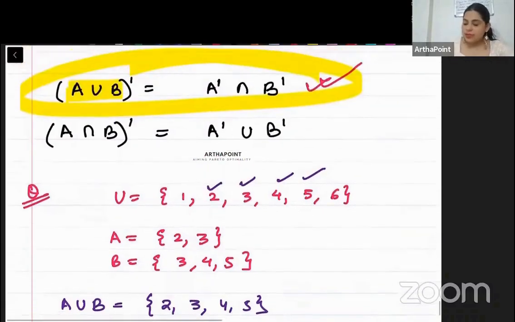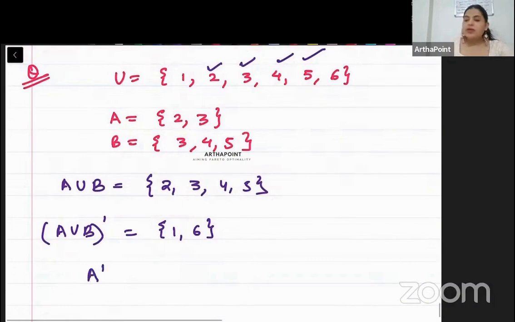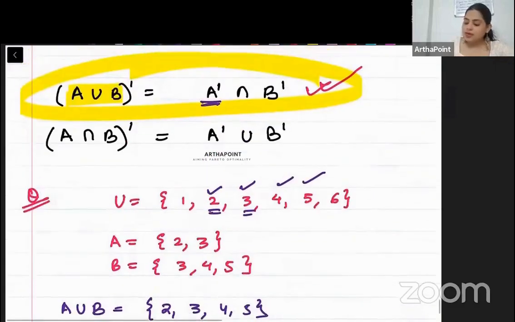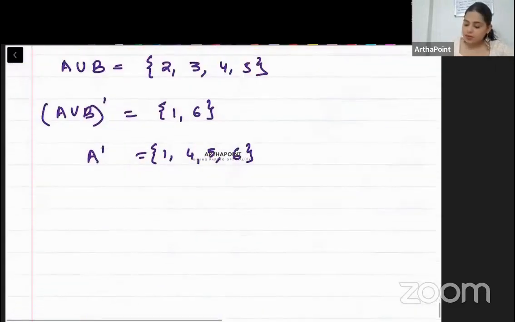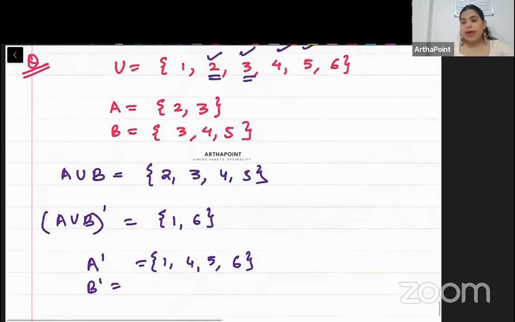ठीक है जी. अब ये देखो, A complement क्या होगा बेटा? What will be A complement? Everything in the universe except A. So you will remove 2 and 3. So you will get 1, 4, 5, and 6. Beta, what is going to be B complement? You will remove everything from the universe where B is present. So you will remove 3, 4, and 5.